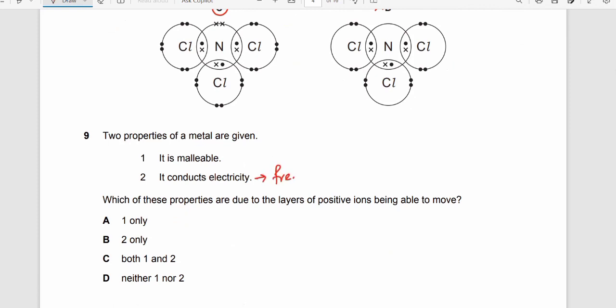It has no concern with the movement of the positive ions. But malleable means when we hammer any metal, it converts into a sheet, and its positive ions, which are called cations or metallic cations, slide over each other.